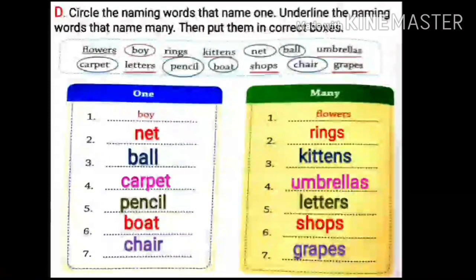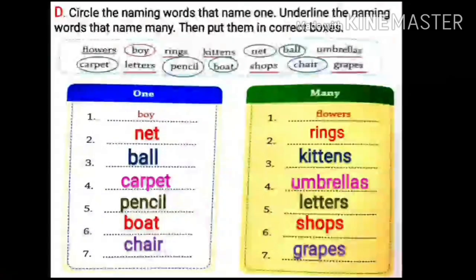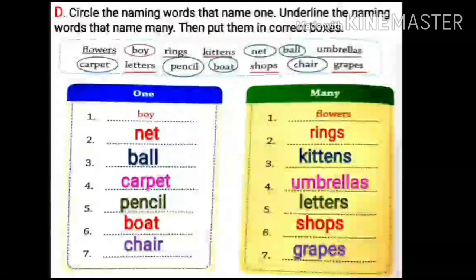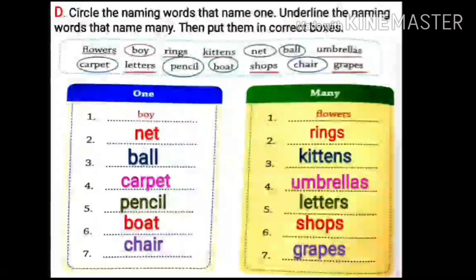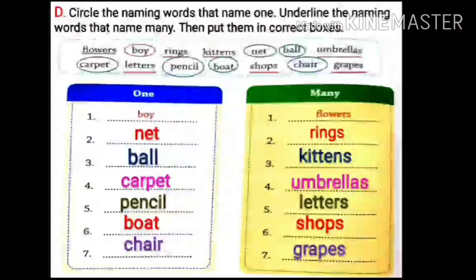And how we come to know that it is one or many? Yes, when the words show that it is many, at the end of that word we add S. Now this you are going to complete in your grammar workbook.